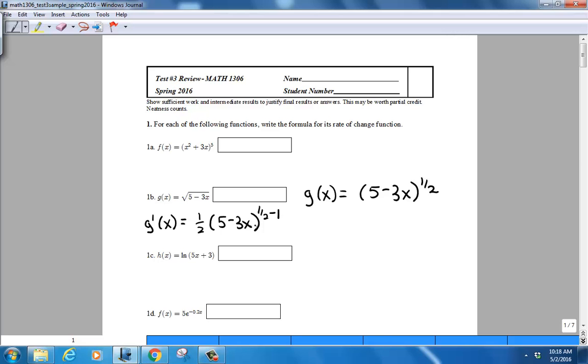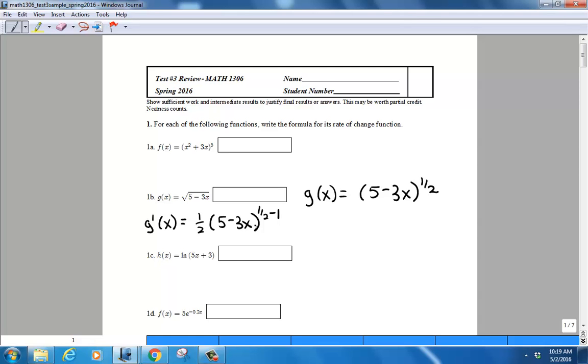But here's where you've got to be careful now. It's not just this simple, because this expression that we're raising to a power is not just plain old x. It's 5 minus 3x. It's a little bit more complicated expression that we're raising to a power, so you need to multiply in by the rate of change of that expression.